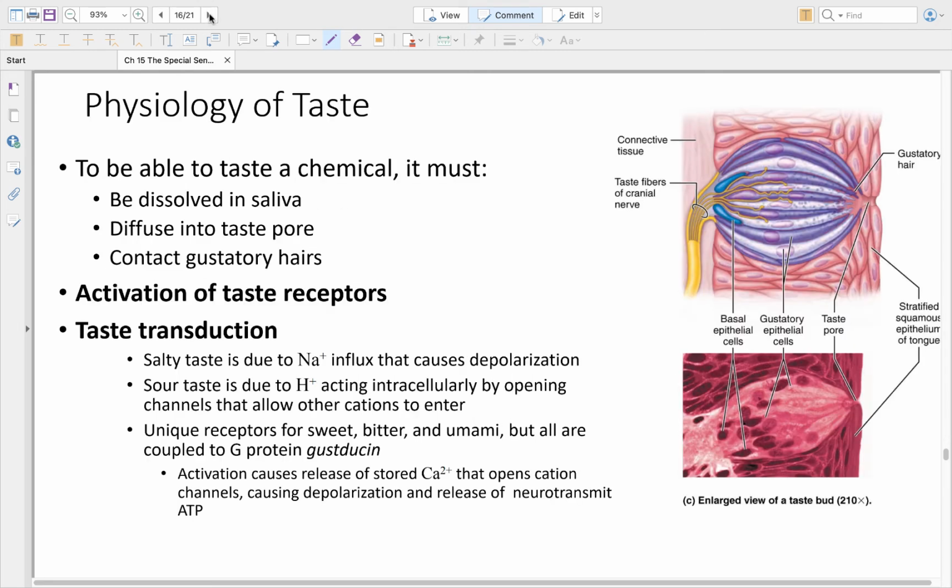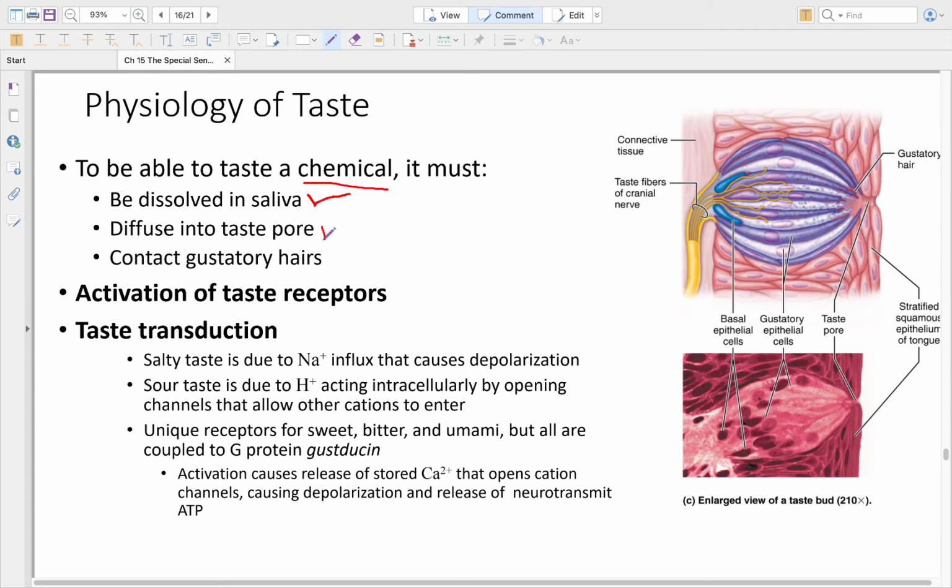Being able to taste is very straightforward. When you eat, your food is dissolved into chemicals. These are chemoreceptors. The chemicals of the food, the odorants, have to be dissolved in your saliva.